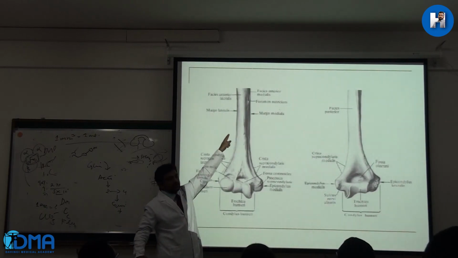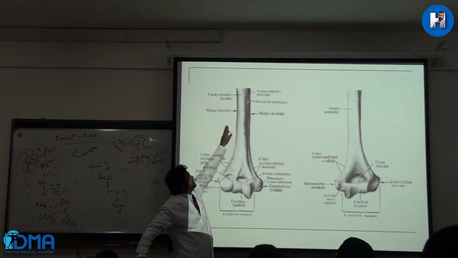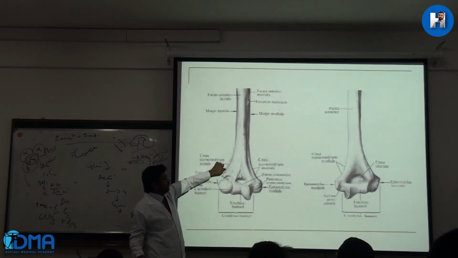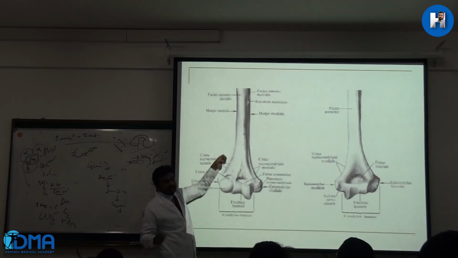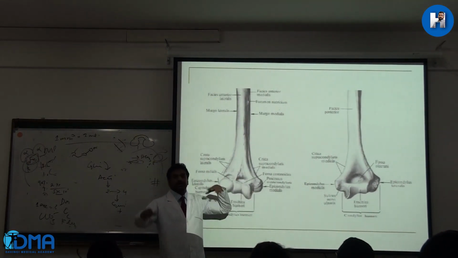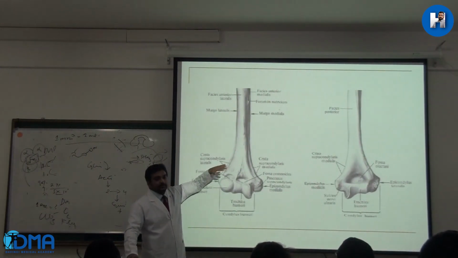As I already told you, we will be having three borders and three surfaces. One, this lateral border which comes below, and the medial border which will be coming over here. It will become a little prominent before it attaches toward what? The epicondyle.